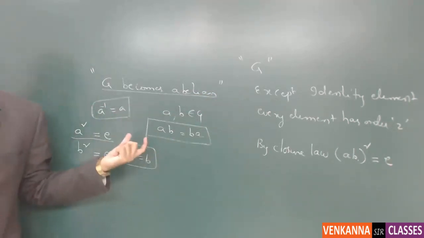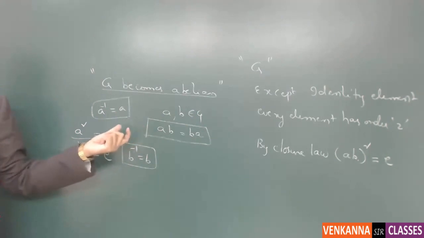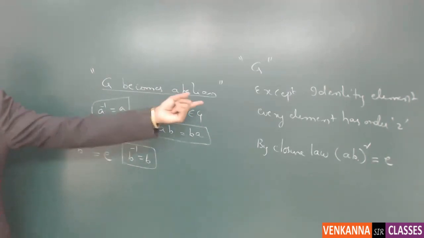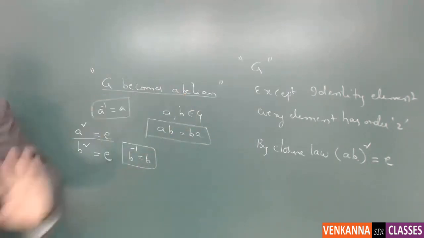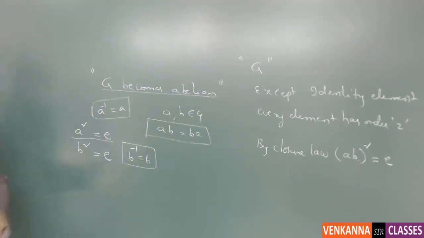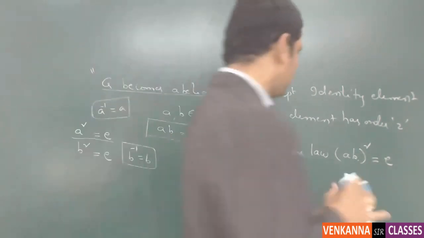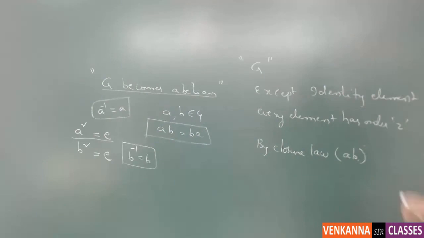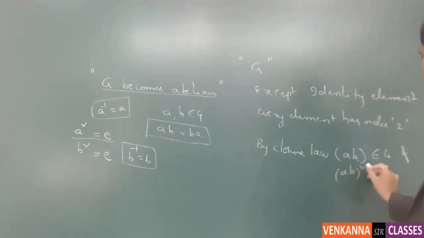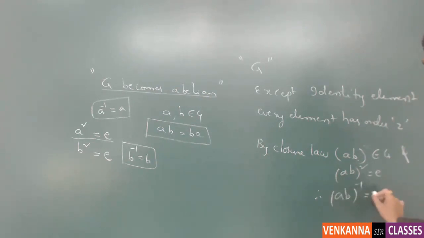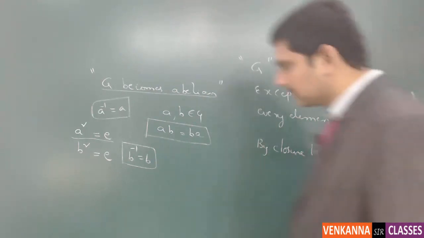Since by closure law, AB is also an element in G, and with the property of G, we can say AB whole square equal to identity. If you have a small doubt, you can write like, by closure law, AB belongs to G, and with the property of G, AB whole square is equal to identity. Therefore, we can say that AB whole inverse is equal to AB. Clear?